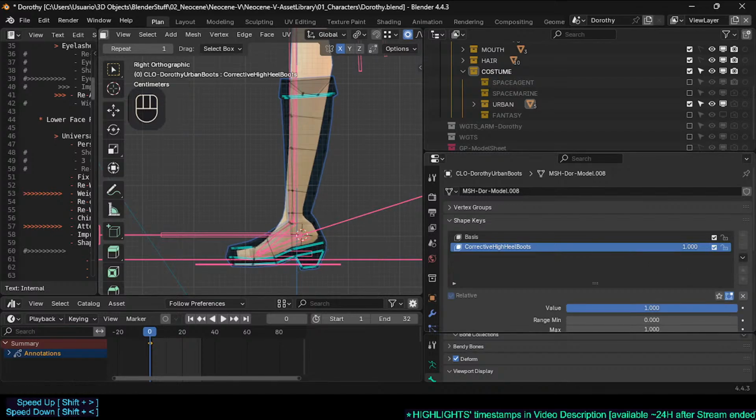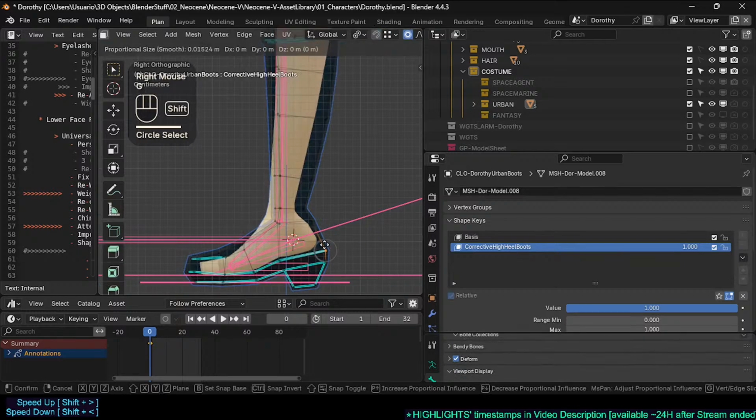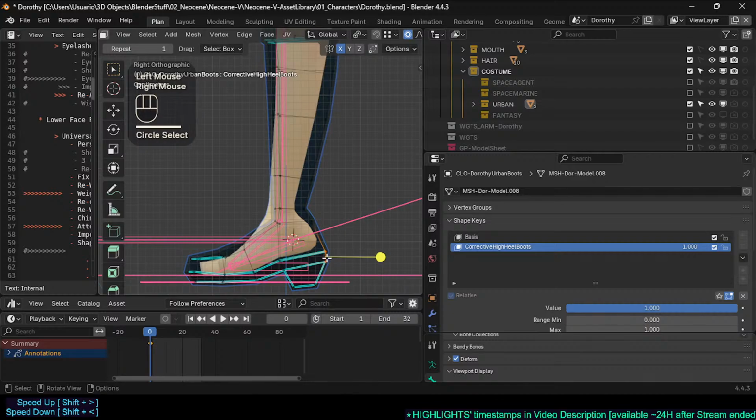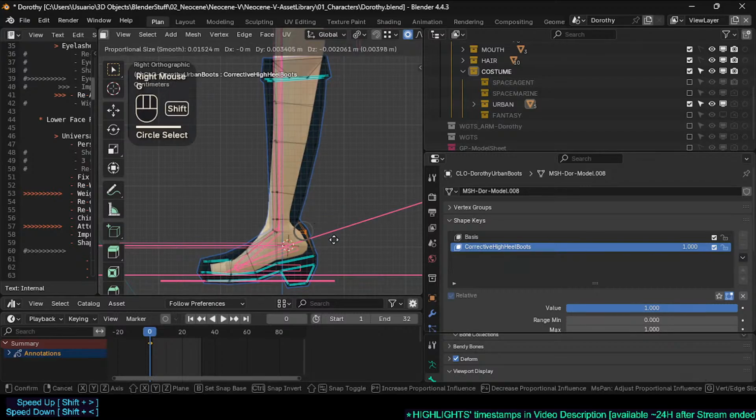we can always transfer any change we make from this to the bases or something like that. So there's always a risk to distort the mesh.